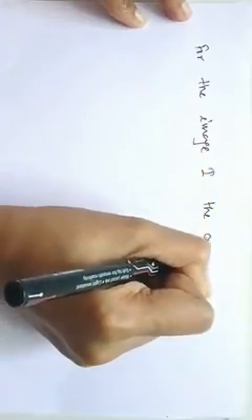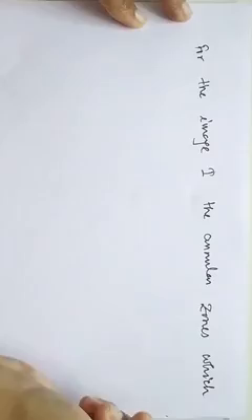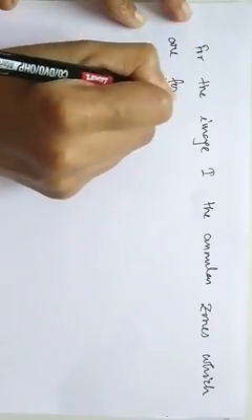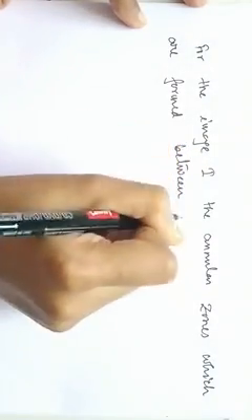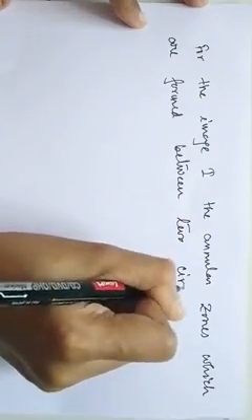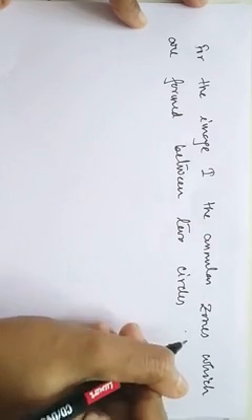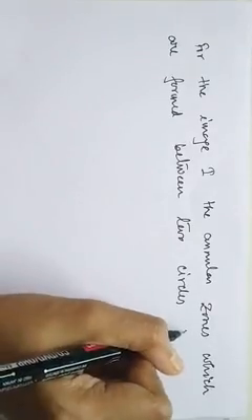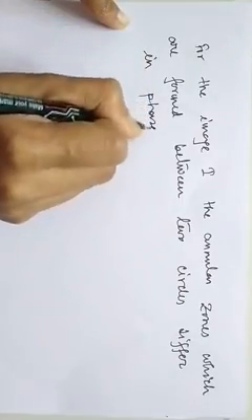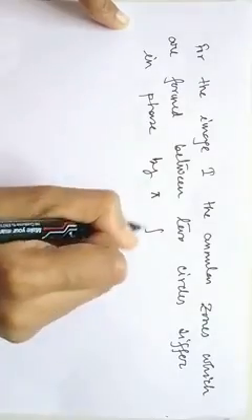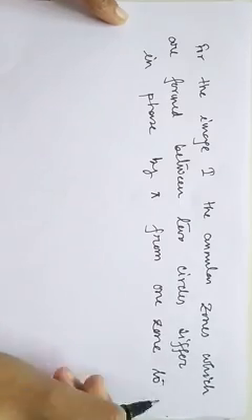We can write that for the image I, the annular zones which are formed between two circles differ in phase by pi from one zone to the next zone.